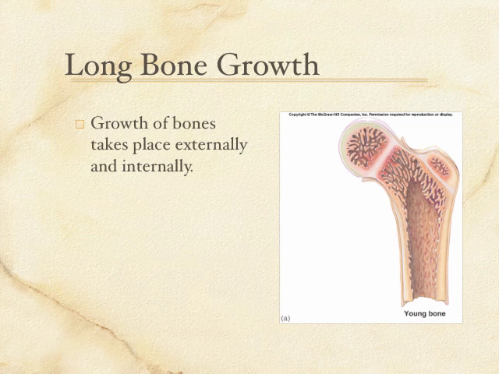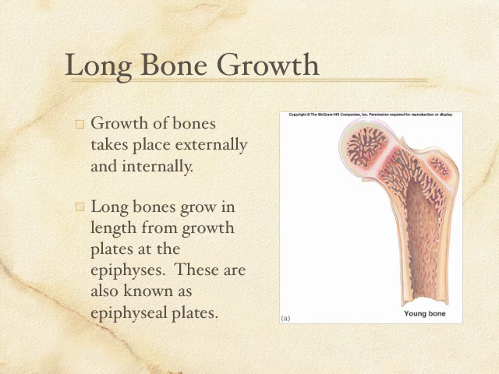Bones that have to grow exceptionally long or have to grow from the inside out can grow not only externally by adding more layers, but they can grow internally. And you see in the picture right here, of the proximal end of the femur, 2 growth plates, or what are called epiphyseal plates. Notice we call them that because they're in the epiphysis of the bone.